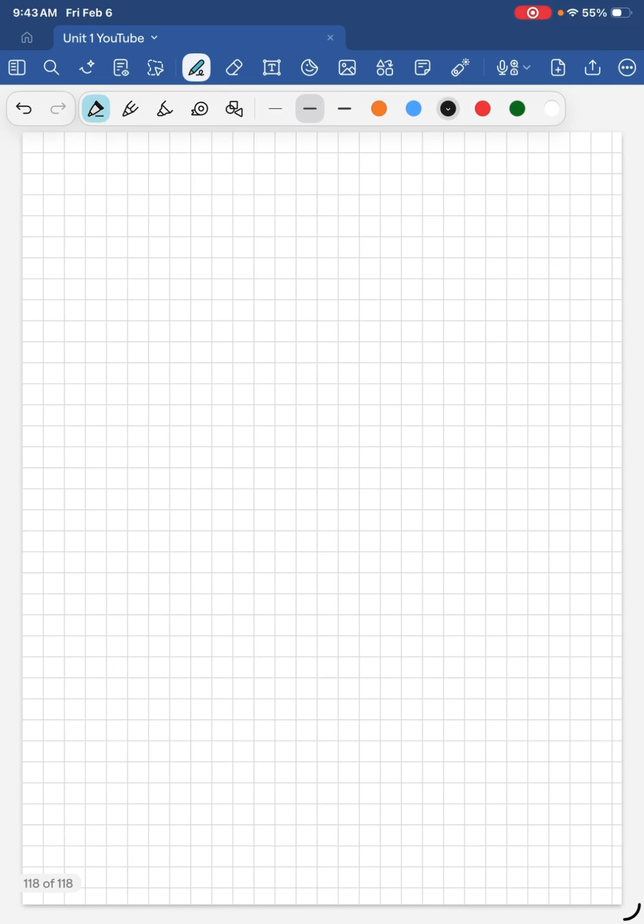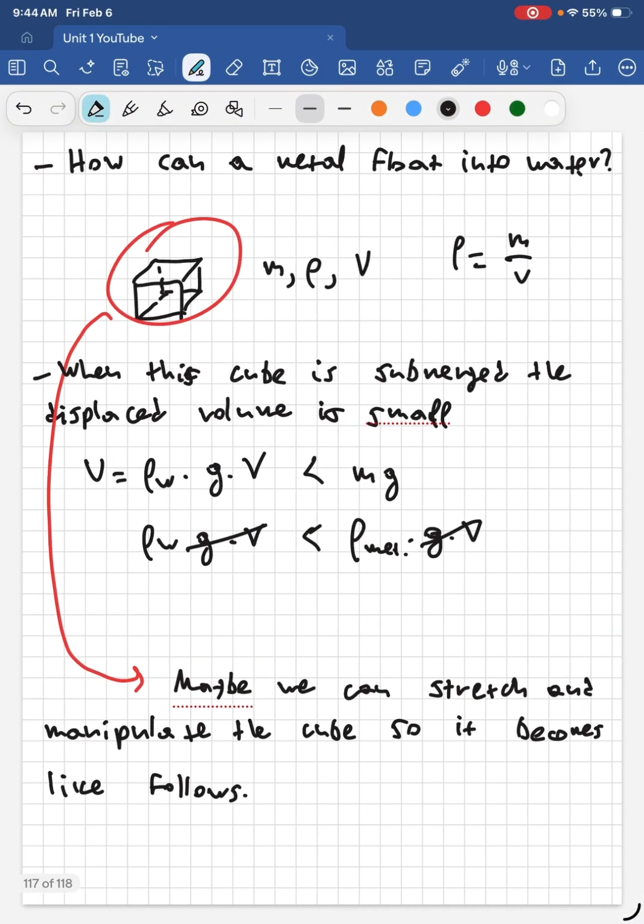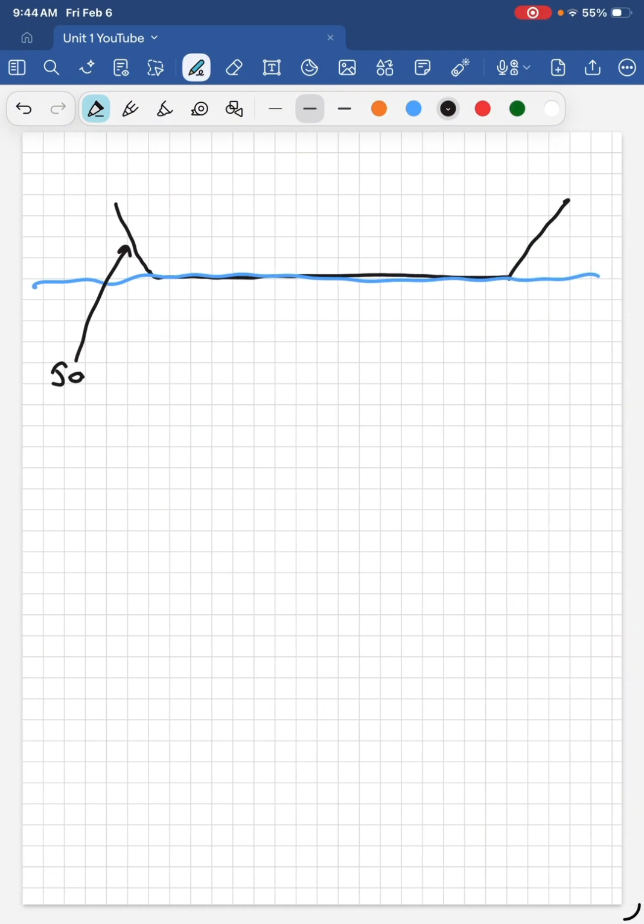Maybe we use the same cube I showed you, but we cast it in a shape that looks like this. It's really thin, and now we submerge it into water and it floats. This black material is our cube from before. So we have the same mass, same density, but V is now much larger.